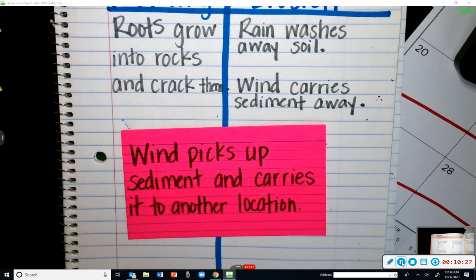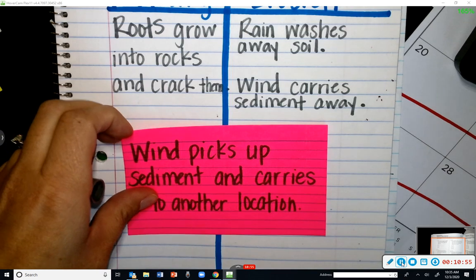To a new location. Wind carries sediment away. And sediment is just a word for rocks and dirt, small pieces. Okay, we got it? Yes.